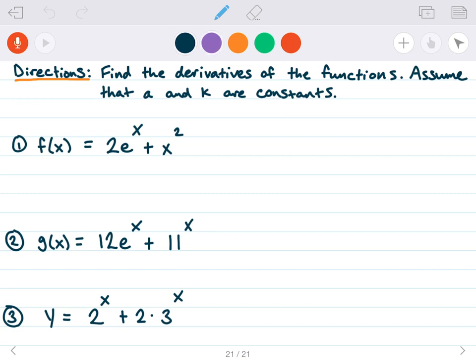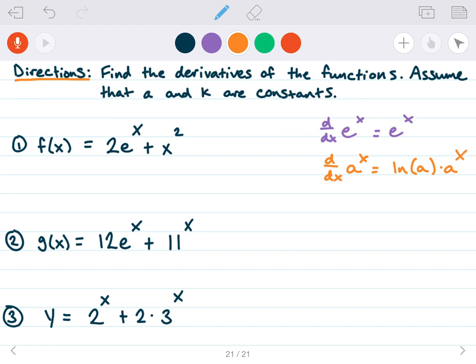So first one, again, is the derivative of e to the x is equal to e to the x. And the second one was the derivative of a to the x equals ln of a times a to the x. All right.